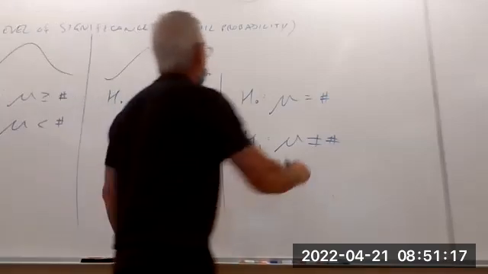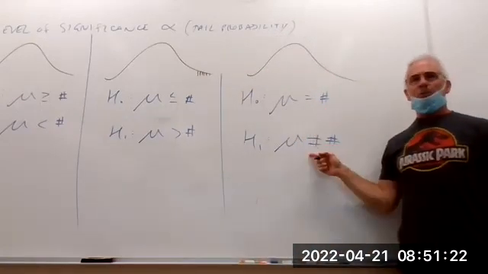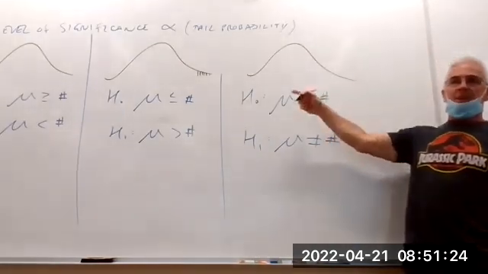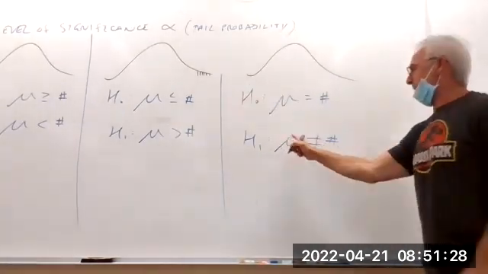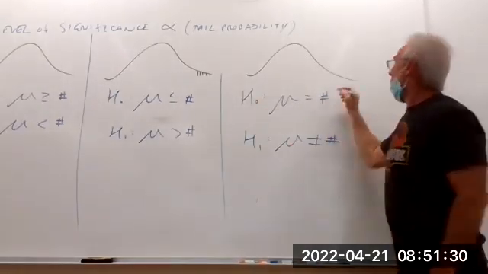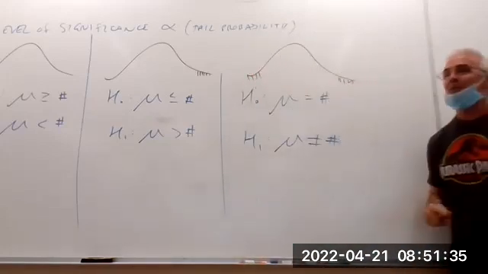The third one might be the trickiest one. It's equal or it's not equal. Doesn't not equal mean it could be either too big or too small? If it's extreme in either direction, we will reject.